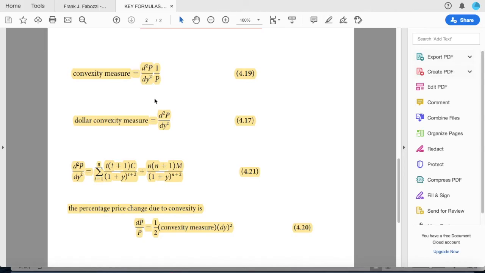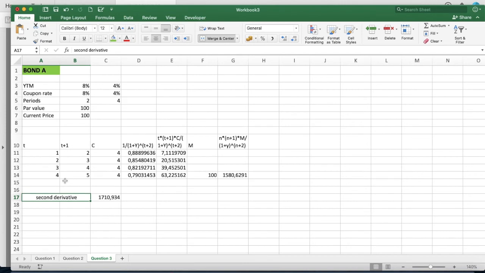Then the convexity measure is the second derivative divided by P, which is the current price of the bond. Now, before proceeding to the convexity measure, we have to pay attention. This one, or the second derivative, is on semi-annual basis. So I have to transform it into annual basis.